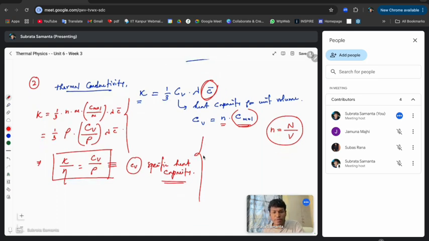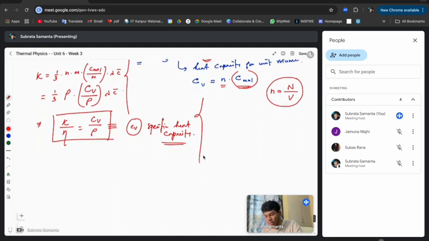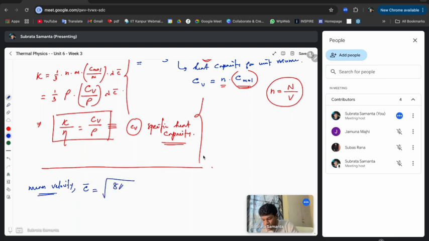Now what is the expression of C average? From the Maxwell-Boltzmann distribution, if you calculate the average velocity, recall the MB distribution and the mean velocity. C average is square root of 8 kBT over pi m.